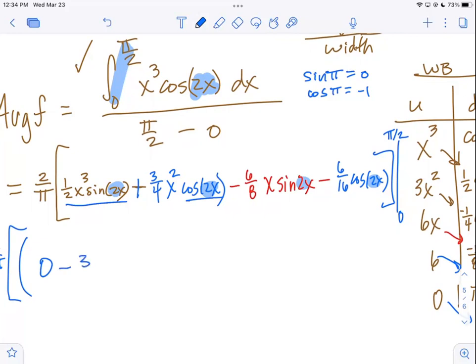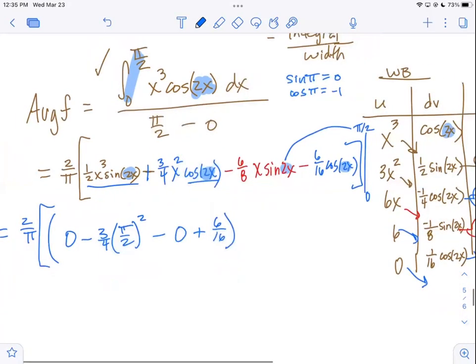But then I got to square the pi halves, so I'll just put that as pi halves squared. Now we'll plug the next one into sine, and it's going to be sine of pi again, which is minus 0. And then we plug it in and we're going to get plus, because it changes the sign, 6/16. That's plugging in the top. Minus, parentheses, plug in the bottom.